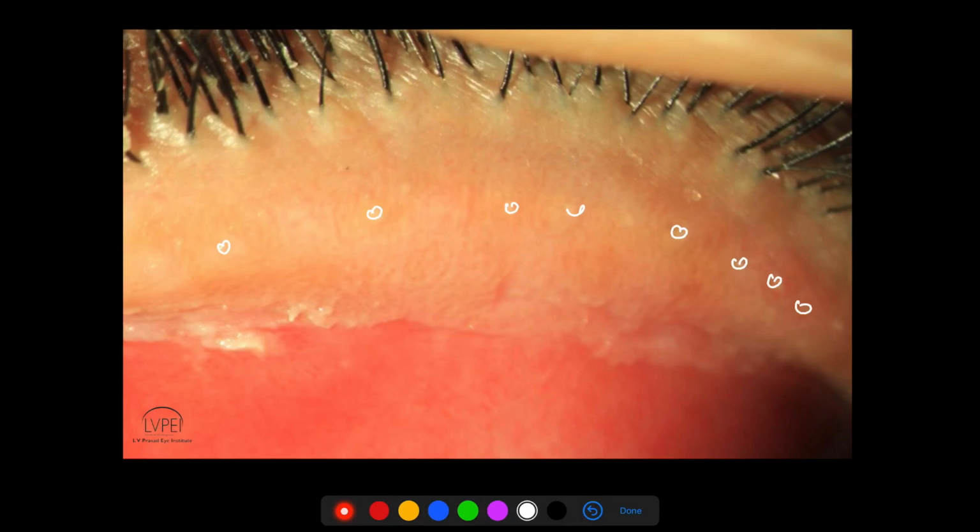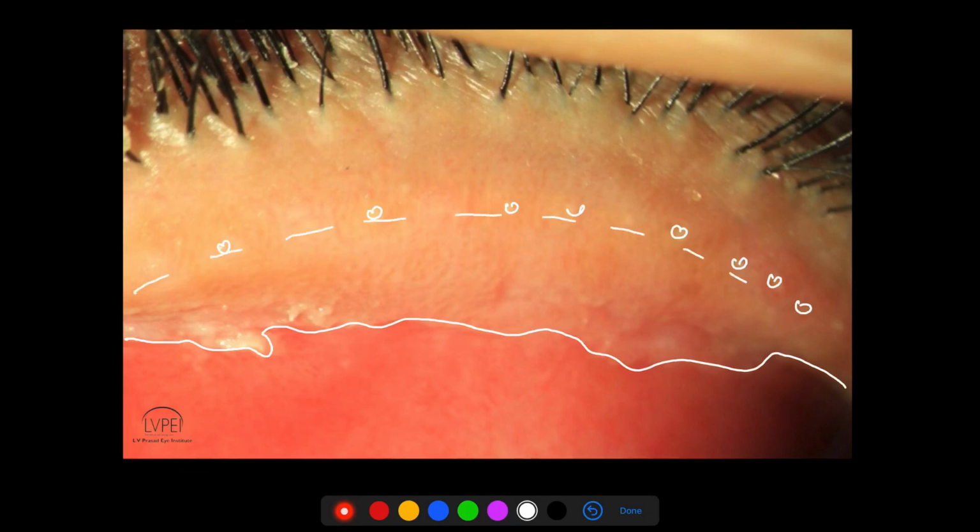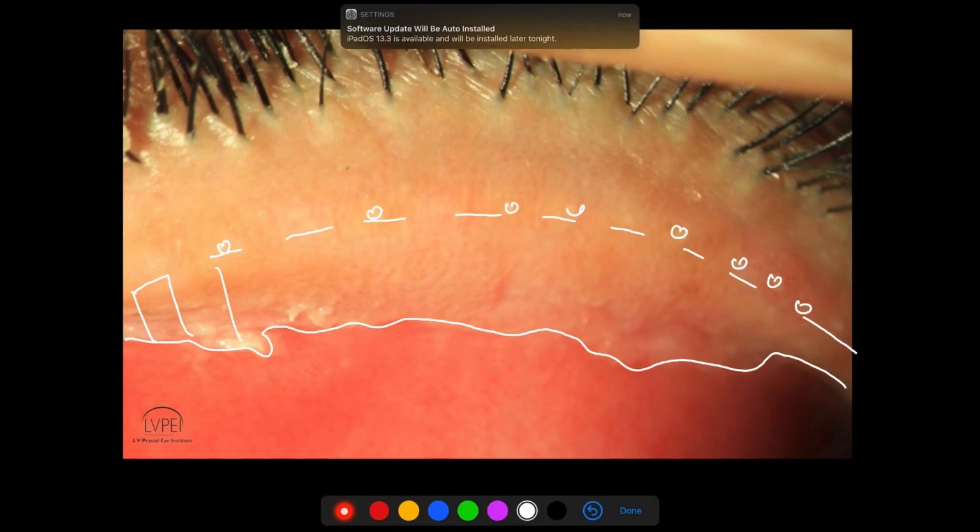Here the atrophy is very gross, and you can see that the mucocutaneous junction is now over here, and it should have been somewhere over here, but it is grossly posterior migrated.